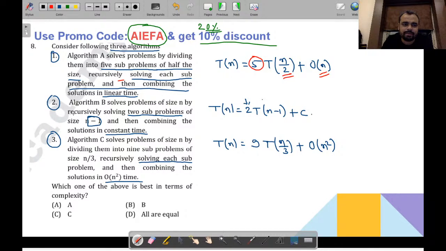Similarly, algorithm B solves a problem of size n by recursively solving the problem of size n minus 1 and combining their solution in constant time. Similarly, the third algorithm divides the problem of size n into nine subproblems of size n by 3 and combines their solution in order of n. The final question they are asking is: which one of the above is the best in terms of complexity?